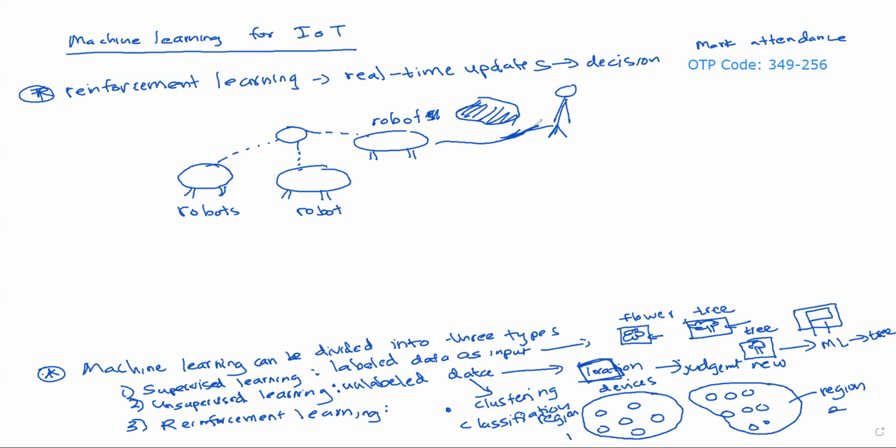After it reaches the point where it senses the presence of this human, the robot needs to make a decision whether it needs to move forward or whether it needs to change the path.